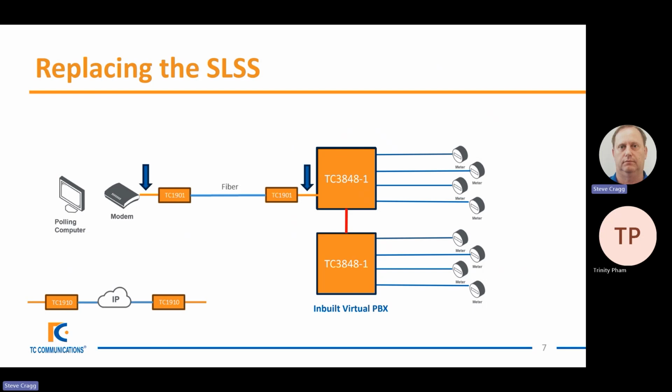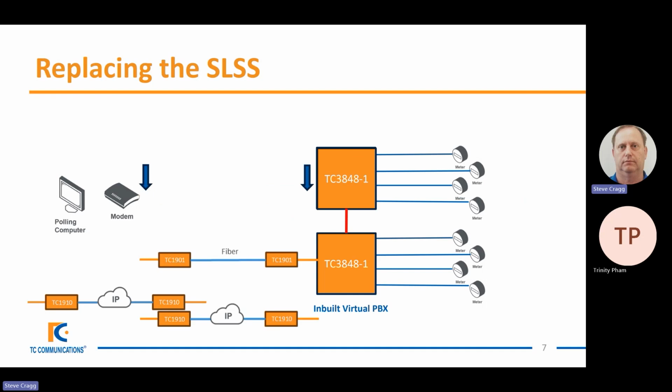Another solution as well is to utilize a third-party IP solution. You could use the utility system if you wanted to, but in this case, what we're going to show is a third-party ISP or whatever to provide IP connectivity.